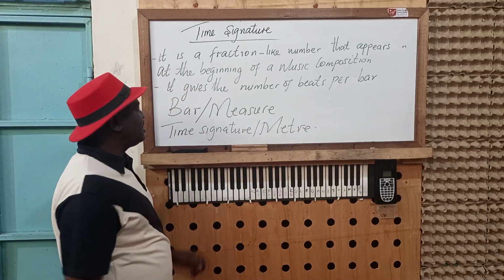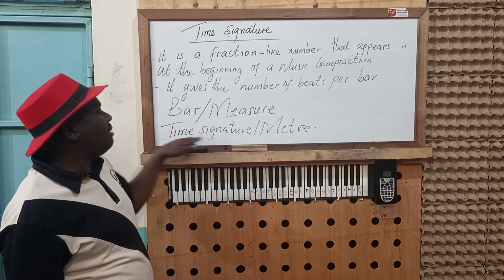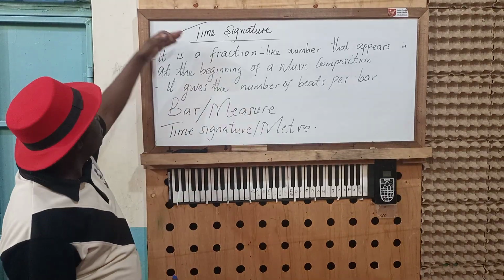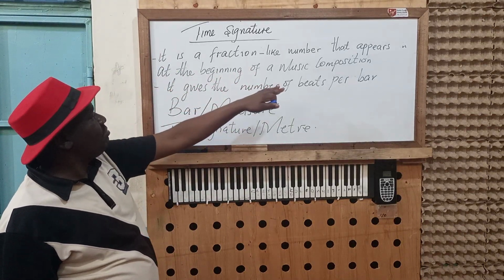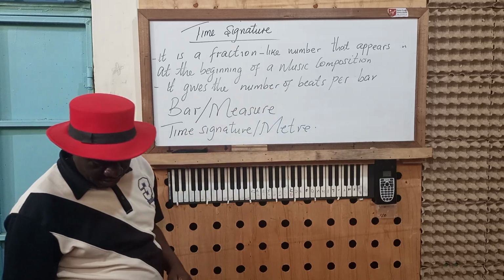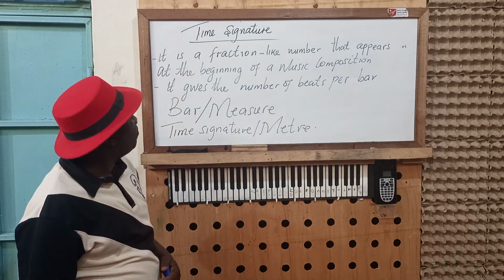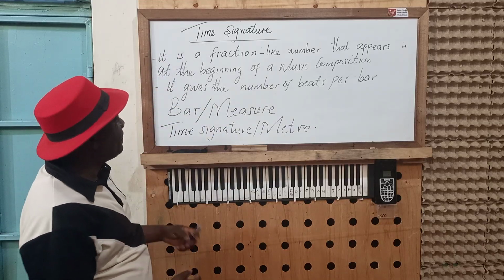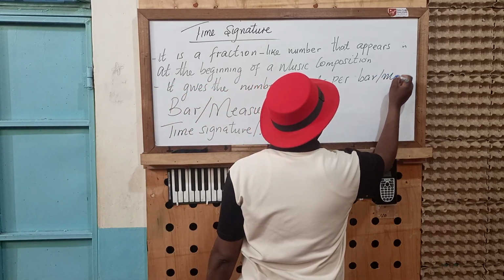So you need to note that a bar and measure is the same thing. Time signature and meter is the same thing. So time signature is a fraction-like number that appears at the beginning of a music composition. What is the work of time signature? To give us the number of beats per bar or per measure.